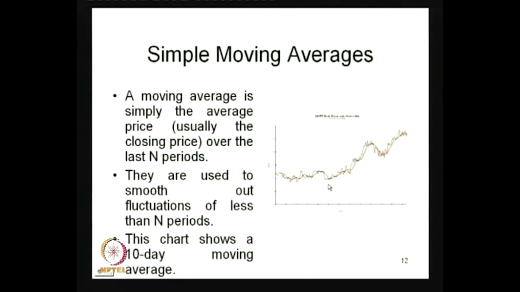If you take the 10-day closing price data, plot it and draw the moving average line, you can see how the price trend is and how the prices are fluctuating, and decide how the price of the stock is behaving over this period.